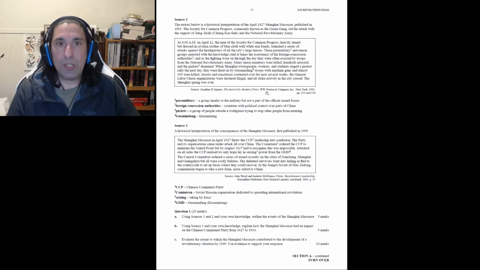Your own knowledge, you might talk about, for example, Zhou Enlai's role in helping the workers organise that general strike in Shanghai just prior to the Shanghai Massacre. So Zhou Enlai, a key CCP leader, played a key role in helping the workers organise.